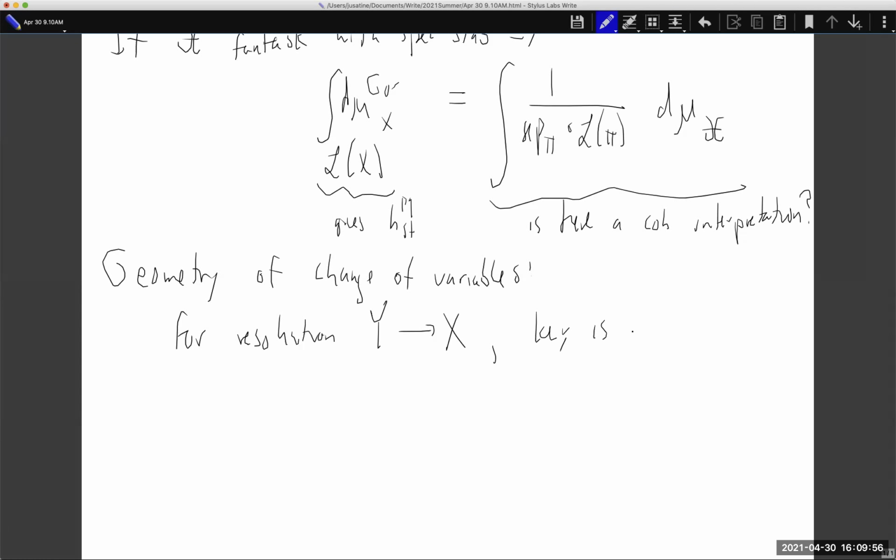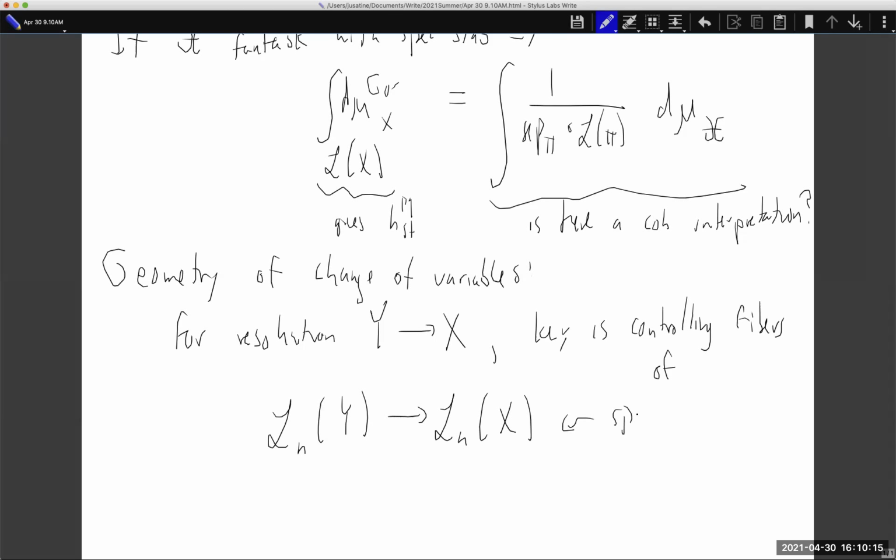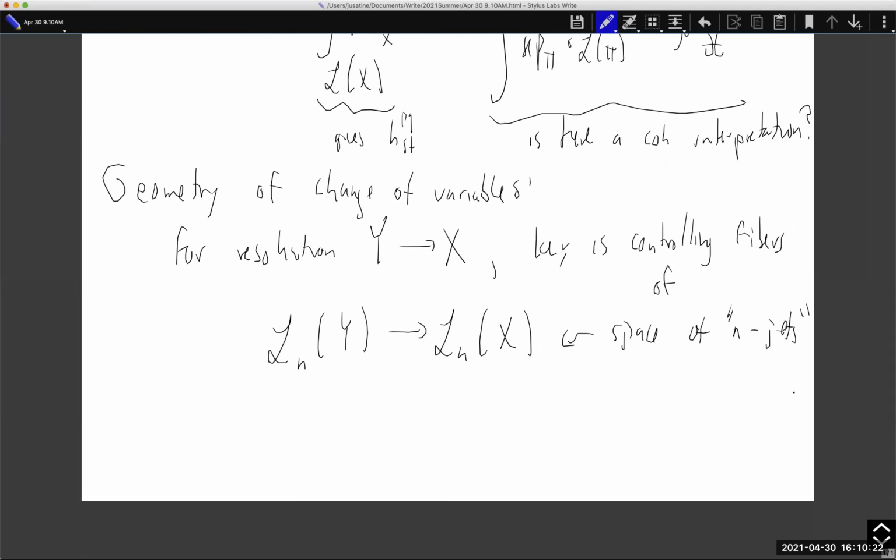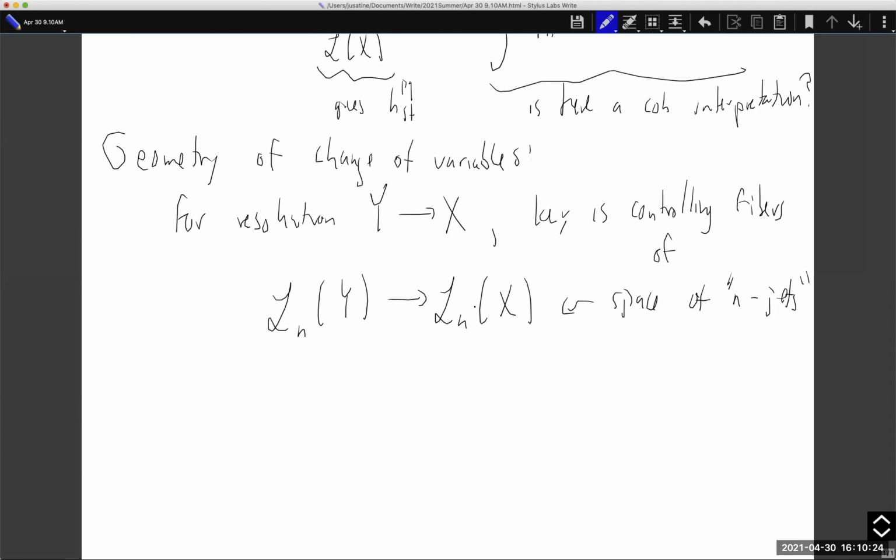The key to proving a change of variables formula, it turns out, is to control the fibers of a particular map, which I haven't told you what these are: L sub n of Y to L sub n of X. This is something called the space of n-jets. In particular, if n is 0, this is just the map from Y to X. If n is 1, this is just the map on the tangent bundles.